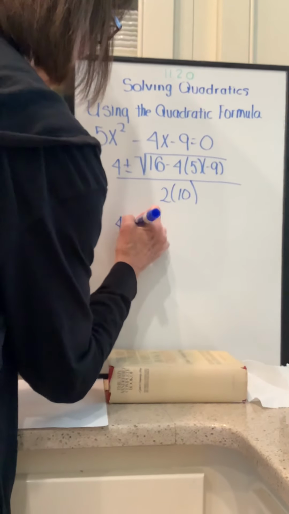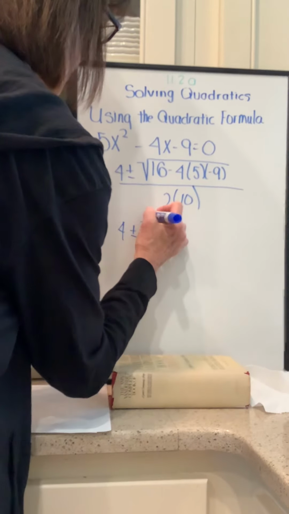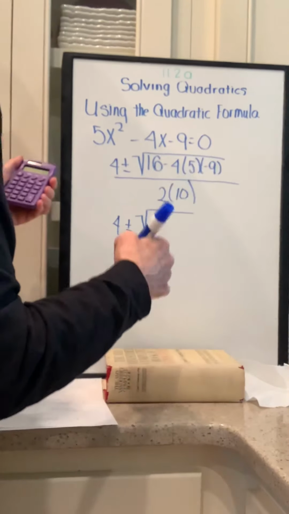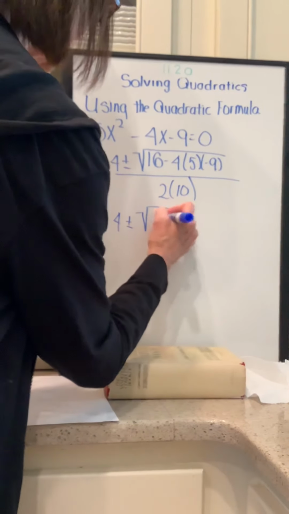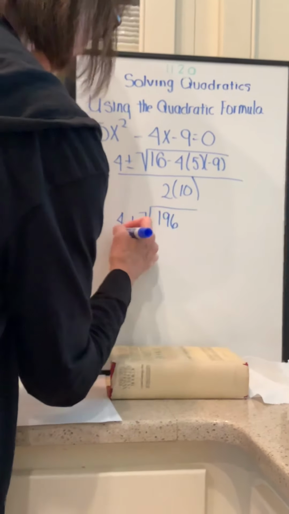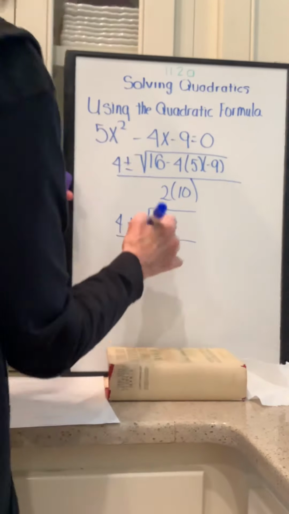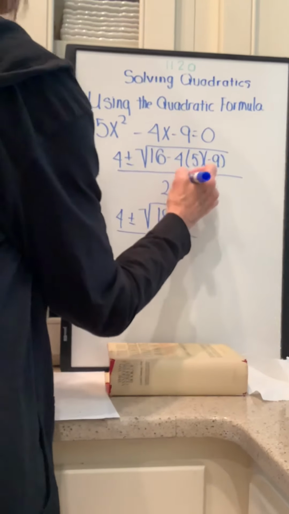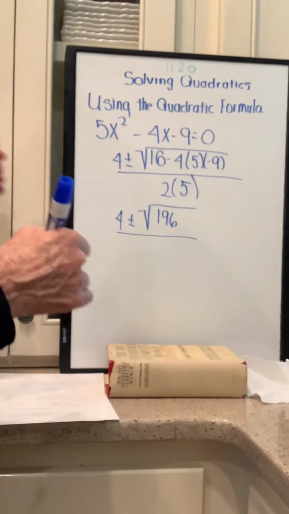So this is 4 plus or minus the square root of 196, all over 2 times 5. I went ahead and wrote 10, it's really a 5, sorry. 2 times 5 is 10, I kind of jumped ahead.